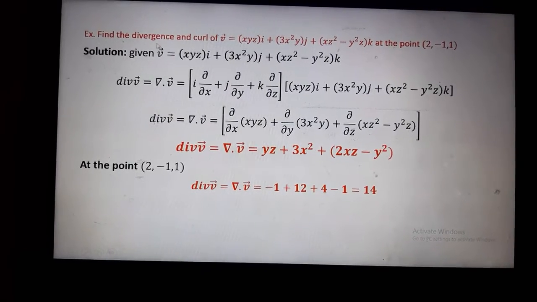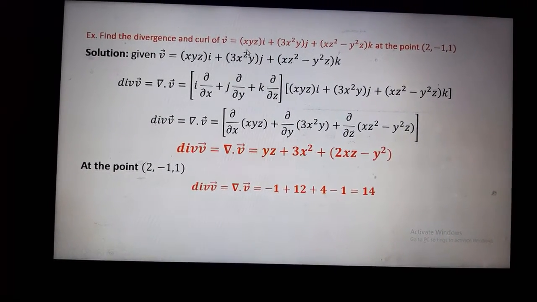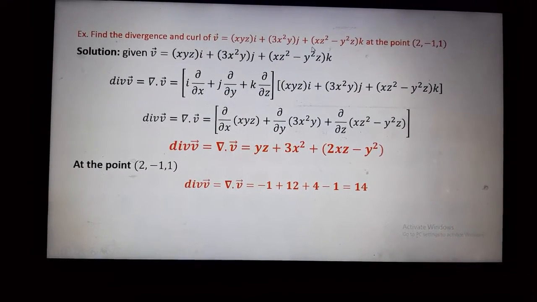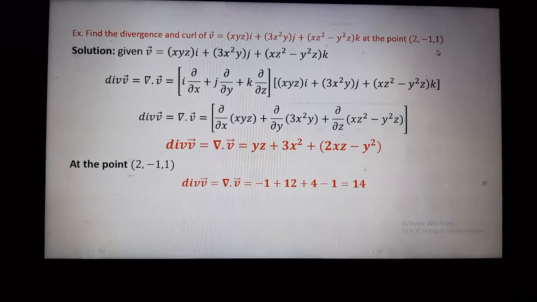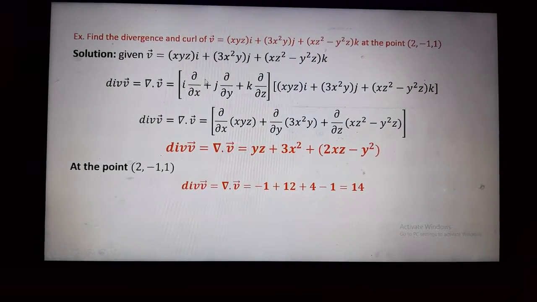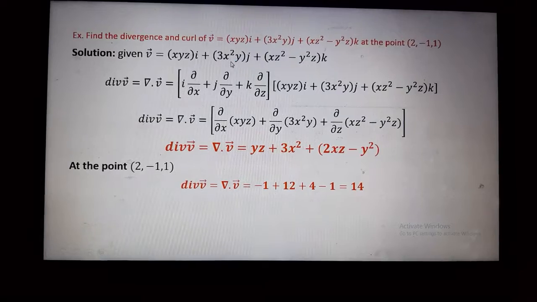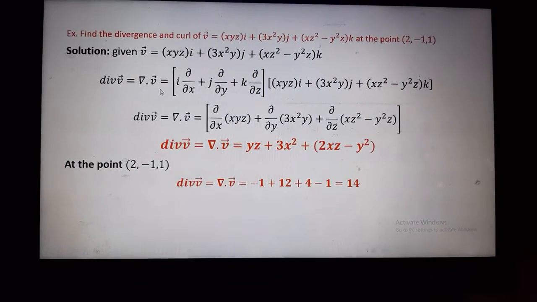Find the divergence and curl of a vector v, which is defined as xyz into i plus 3x square y into j plus xz square minus y square z into k at the point (2, -1, 1). Solution: first we will find divergence, that is del dot v.